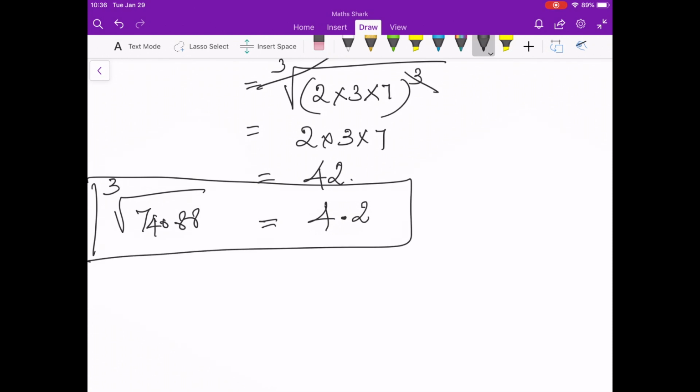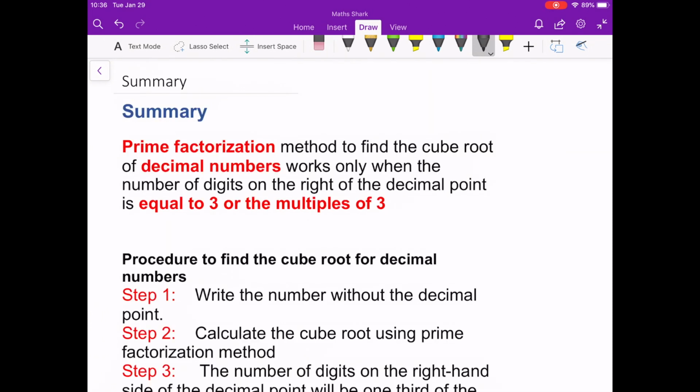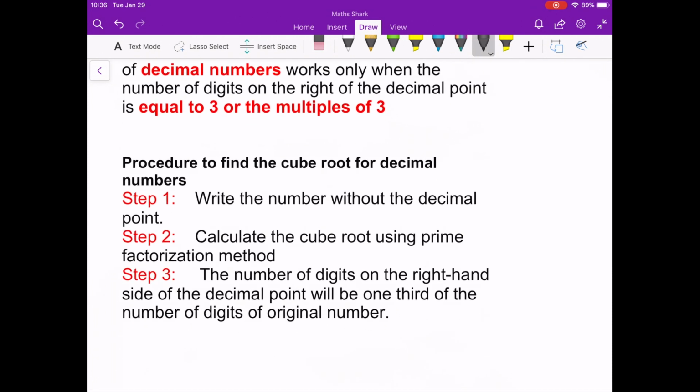To summarize what we have seen so far: the prime factorization method to find the cube root of decimal numbers works only when the number of digits on the right of the decimal point is equal to 3 or the multiples of 3. The procedure is: step 1, write the number without the decimal point.